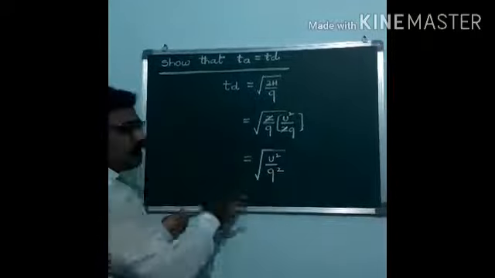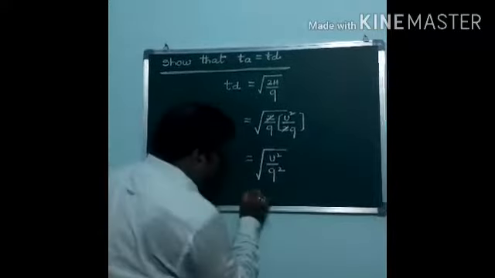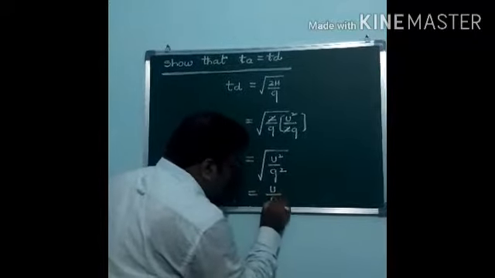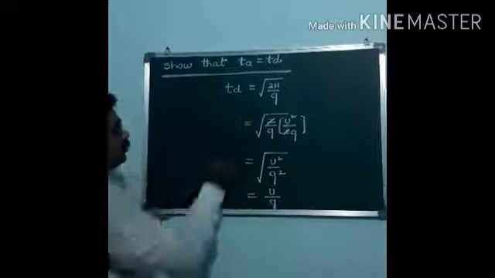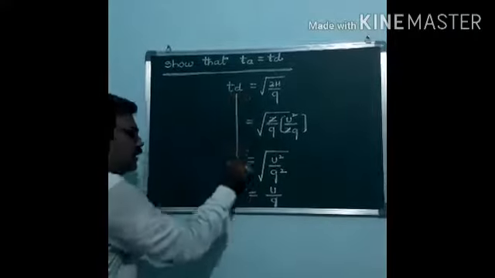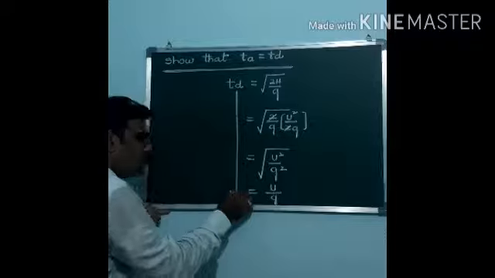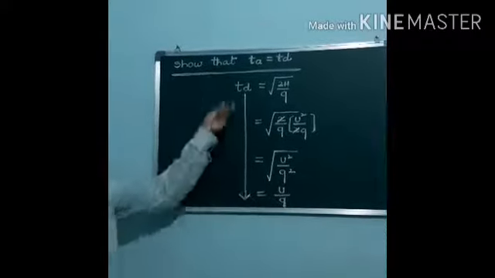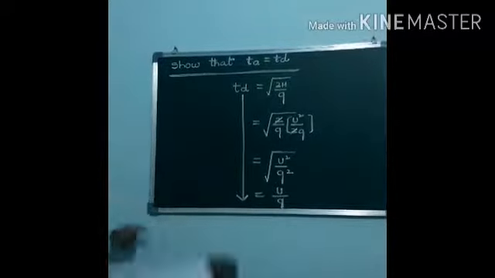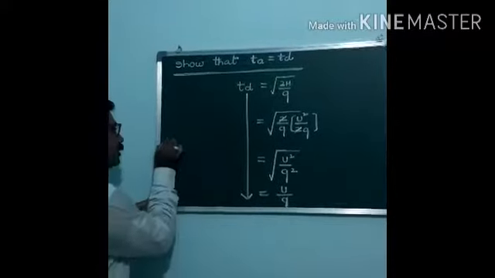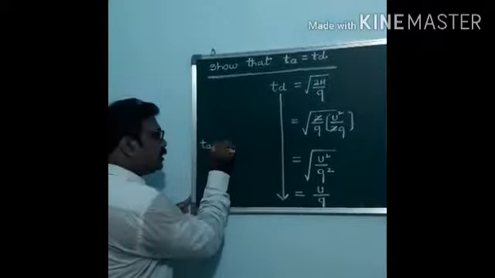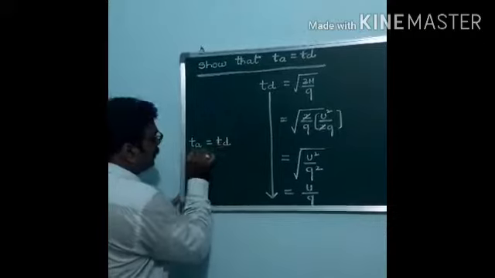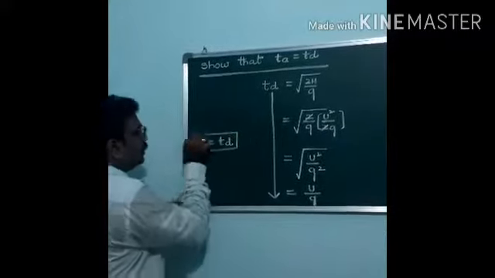Square root of u square by g square, and that equals u by g. Now time of descent equals u by g. Already you learned time of ascent is u by g. Time of descent is also u by g. So we can say that time of ascent equals time of descent under the influence of gravity.